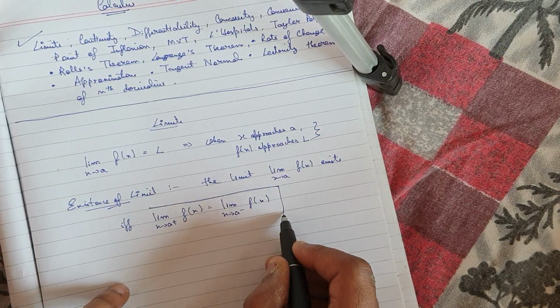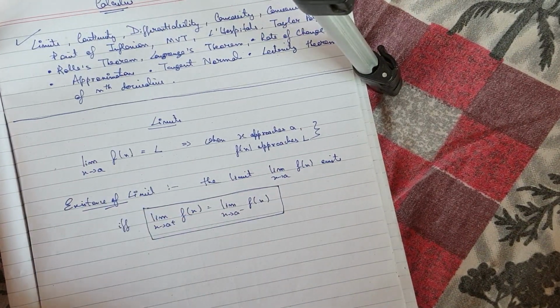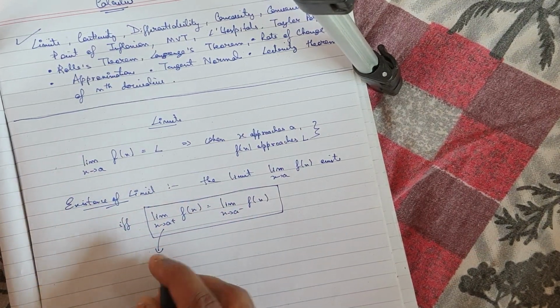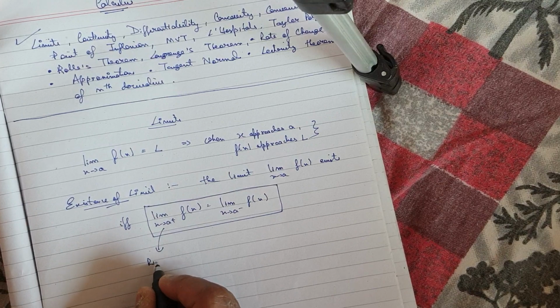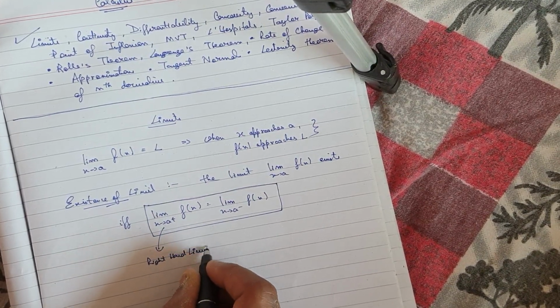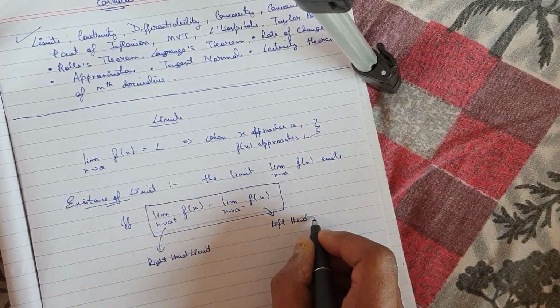This is a very important mathematical notation. What does this mean? First let us discuss the terms. This is known as the right hand limit, and this is known as the left hand limit. Pretty easy, right?